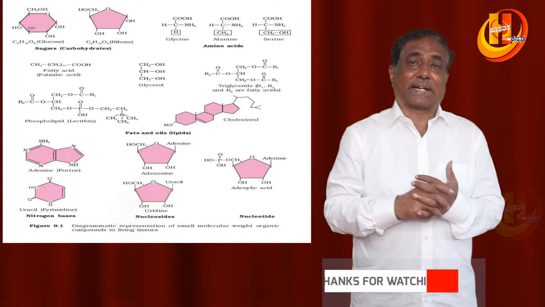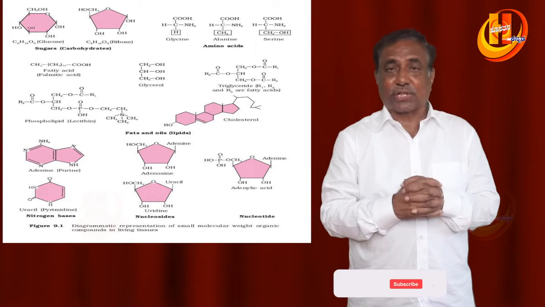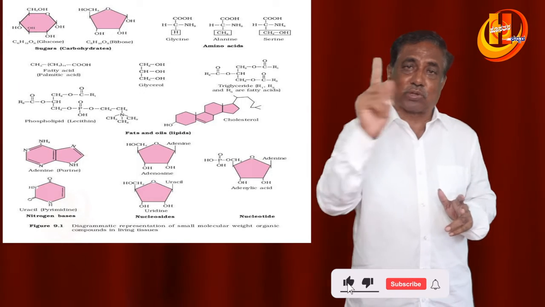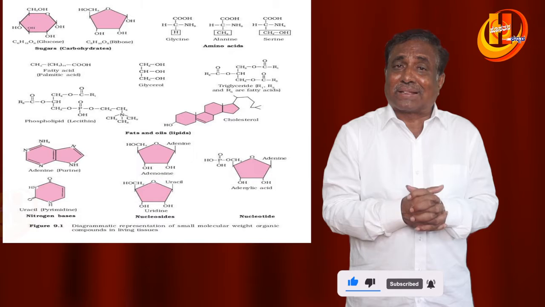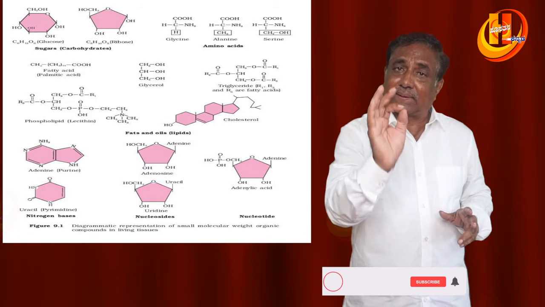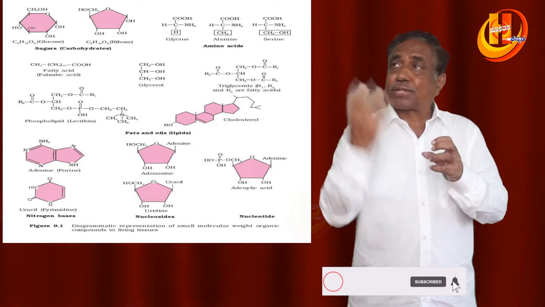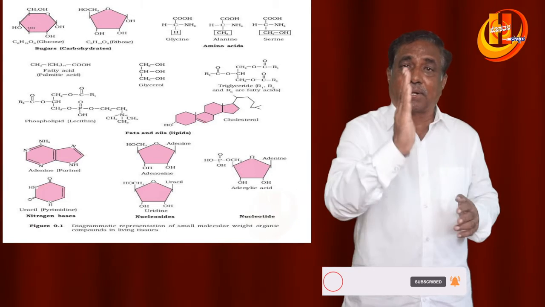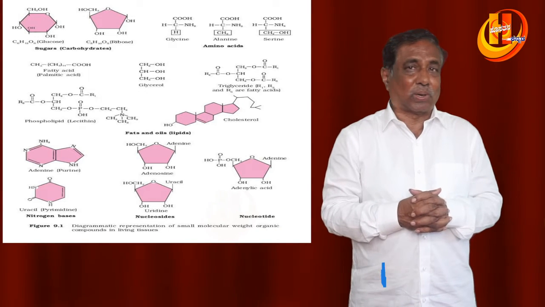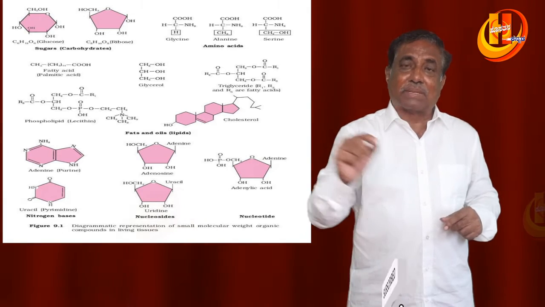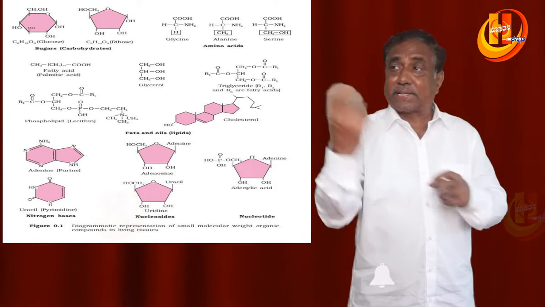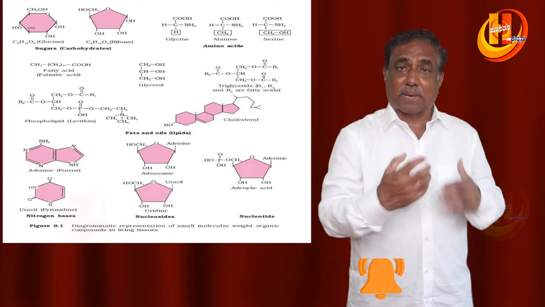The storage polysaccharide in plants is starch, which exists in two forms, amylose and amylopectin, and the storage polysaccharide in animals is glycogen. Why so far has this not been asked? This is also important: why does starch take up iodine immediately but not glycogen?